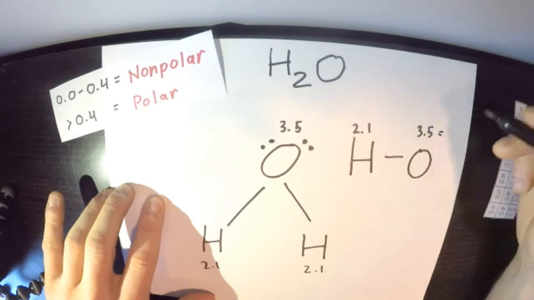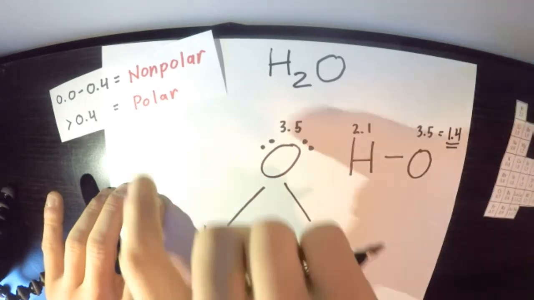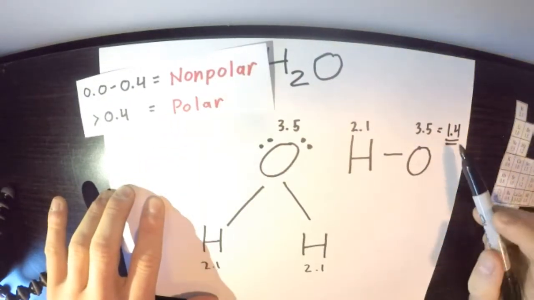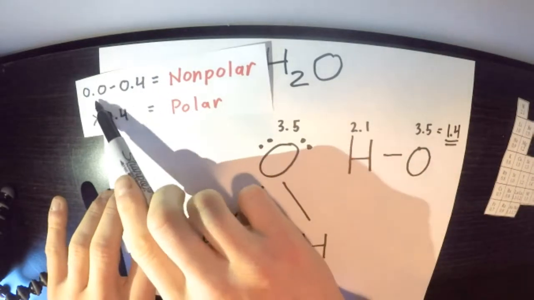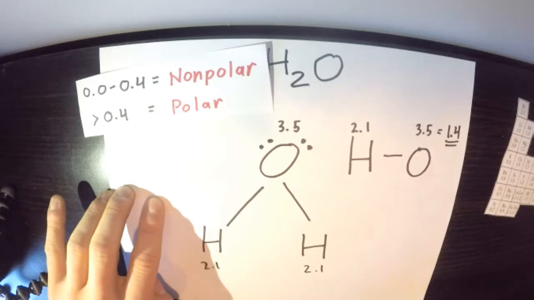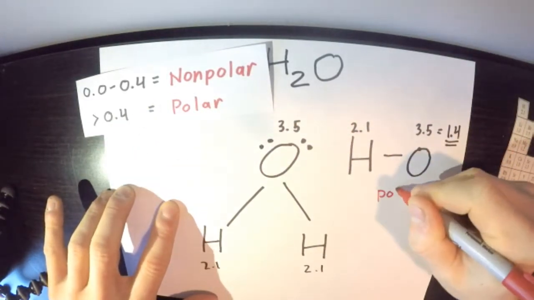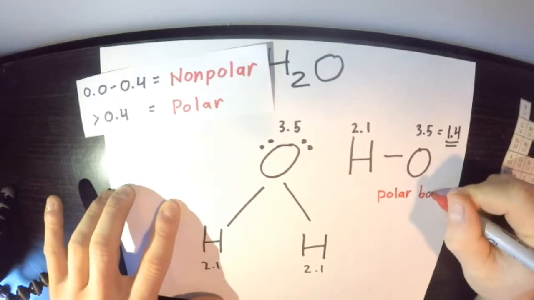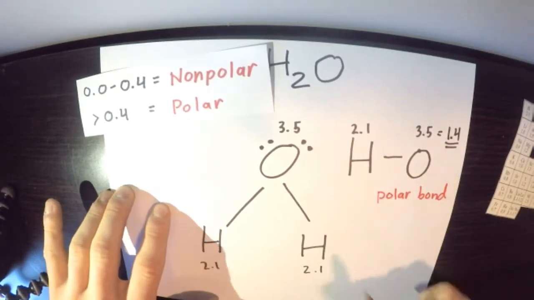So 3.5 minus 2.1 comes out to be 1.4. So if I'm looking at this right here, this is the difference in electronegativities. Does 1.4 fall between 0 and 0.4? No, it definitely does not. So 1.4 is clearly greater than 0.4, so what that tells me is that the bond between H and O, hydrogen and oxygen, is a polar bond.